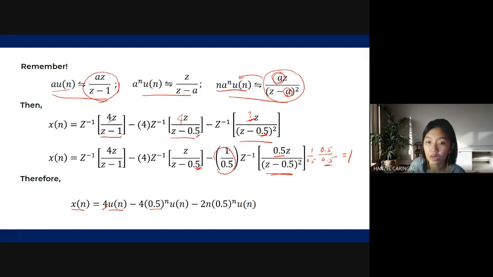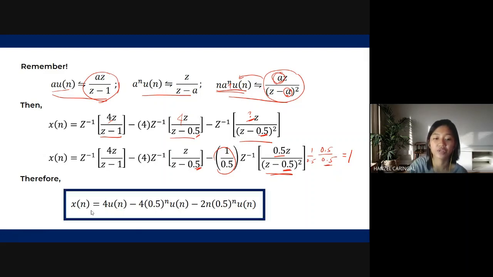Minus 1 over 0.5, which is equal to 2, as a constant, times n a raised to n u of n, the pair of this z transform. Our a here is 0.5, so 0.5 raised to n, and then u of n. Therefore, this is our inverse z transform of our given function.